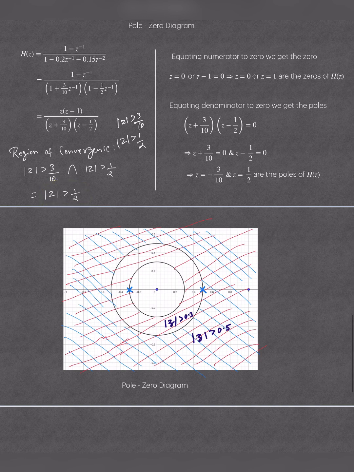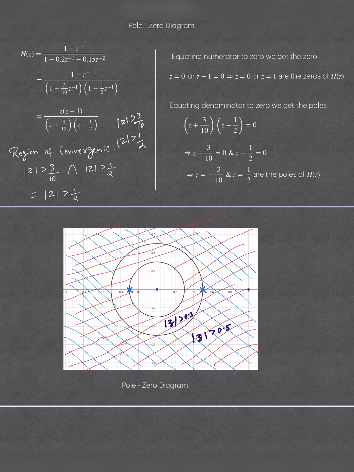So this is the pole zero diagram, where you can see two poles, one is minus 0.3 and one is 0.5, and you can see the zeros, z equal to 0 and z equal to 1, which are the blue dots. Now mod z greater than 0.3 is nothing but from this place we are marking all the red lines.